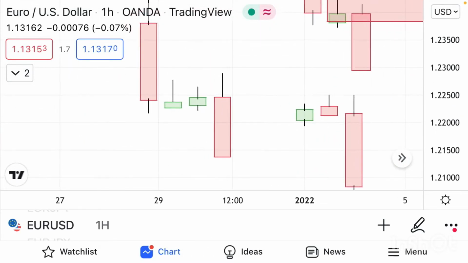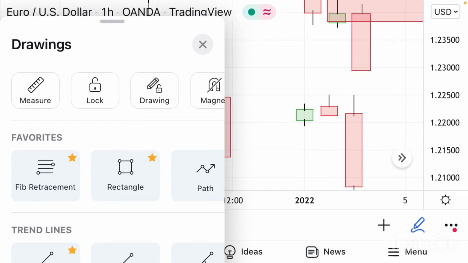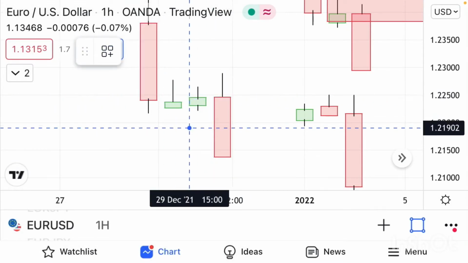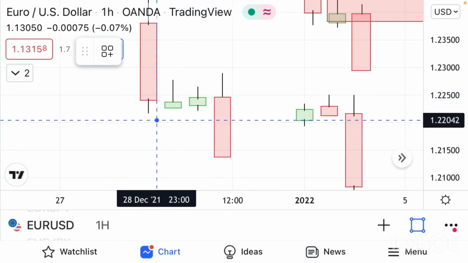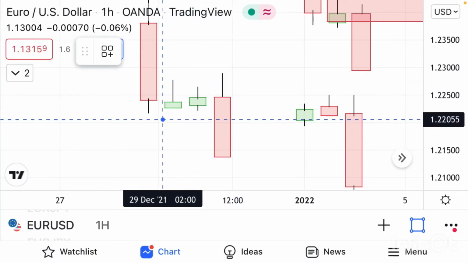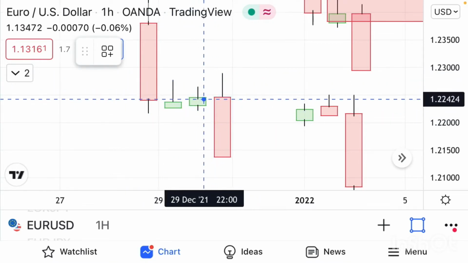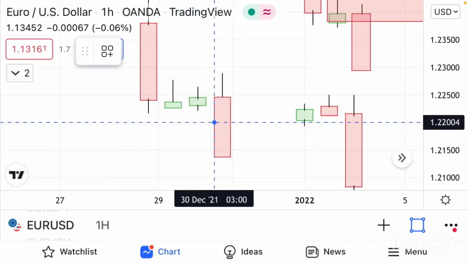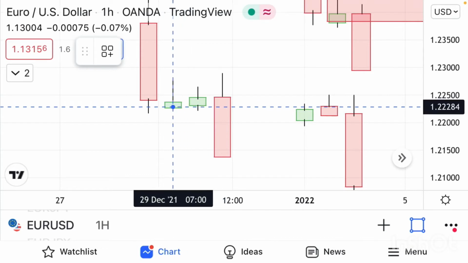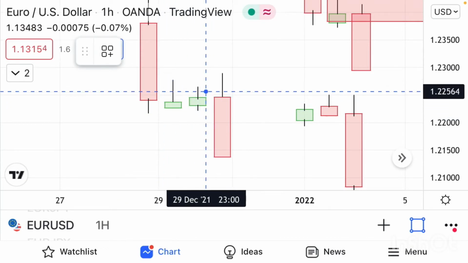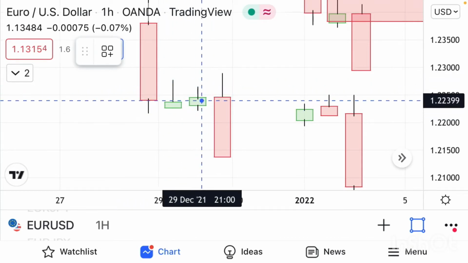Always, you can see this one. We have two bullish candles attempting to go up, but suddenly the banks and hedge funds came into this market and left their orders around these zones. They left their orders before this drop.